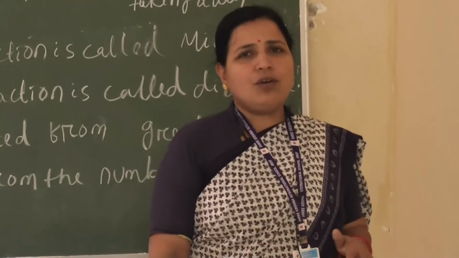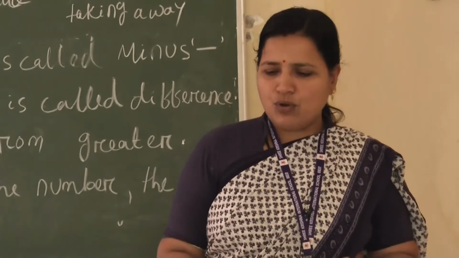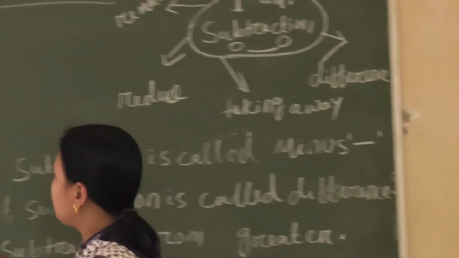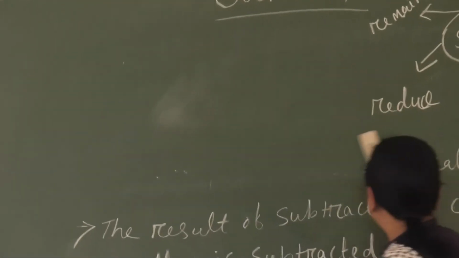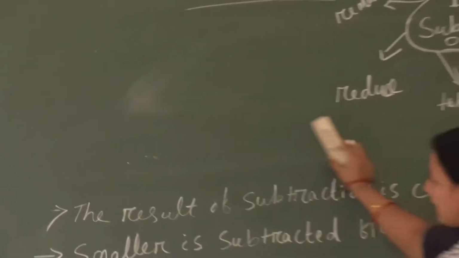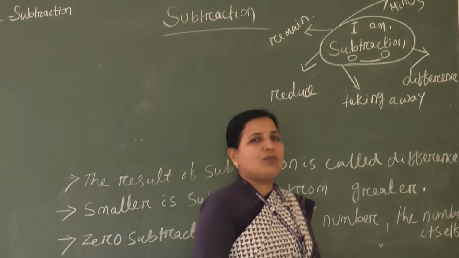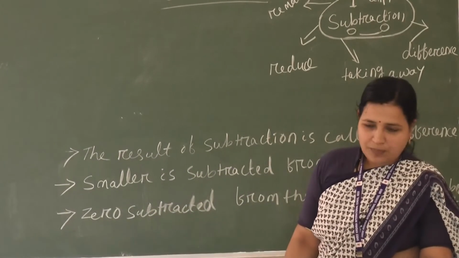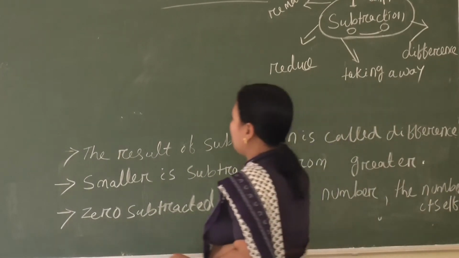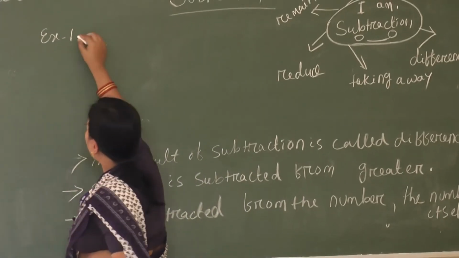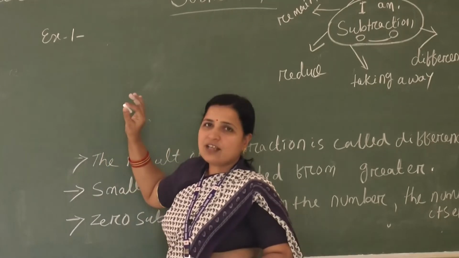So about subtraction you already know many things. Now you do subtraction. How do you do the subtraction? You may say, madam, you told us so many things, how will I do the subtraction? Generally, I say to you, from the greater number you subtract the smaller one.